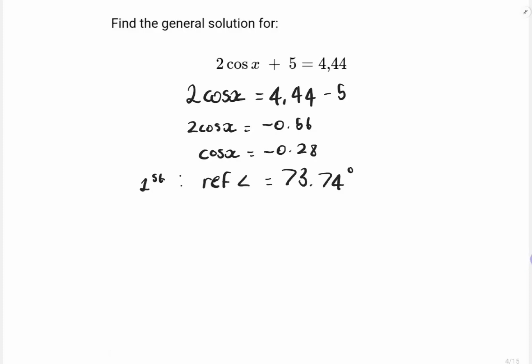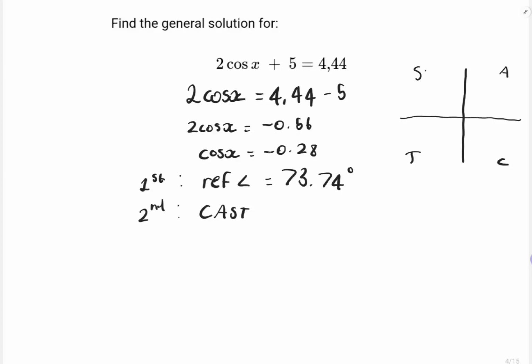Okay. Secondly, the CAST diagram. Let me draw it here on the side. So we have to ask ourselves, in which quadrant is cos going to be negative?